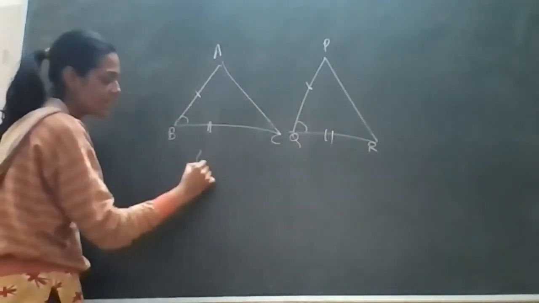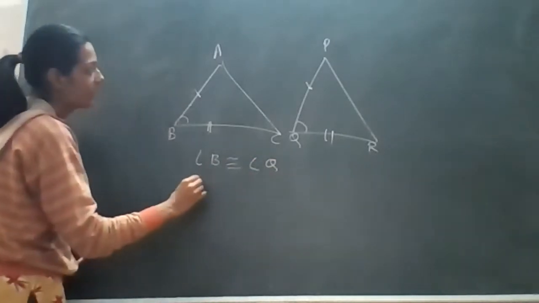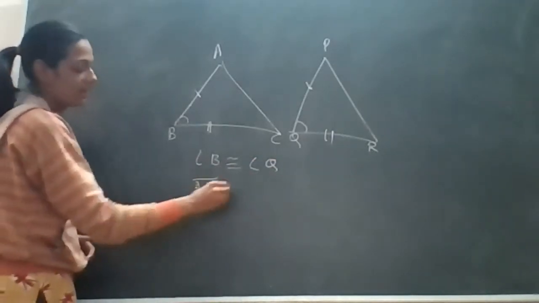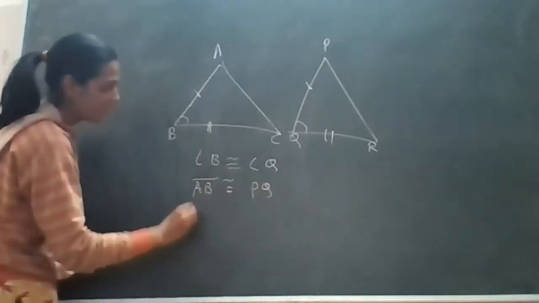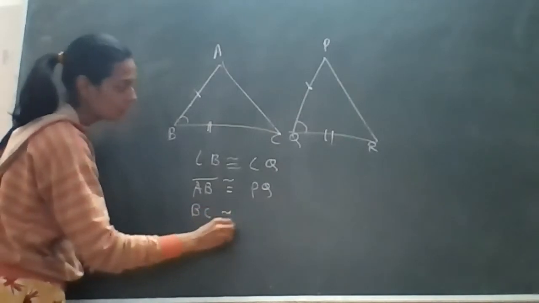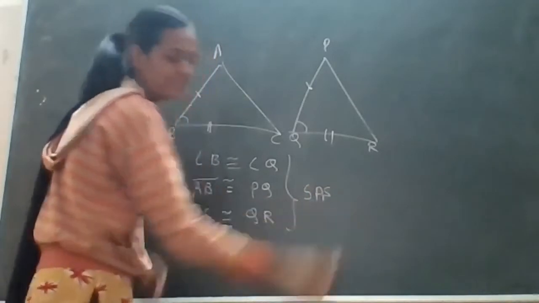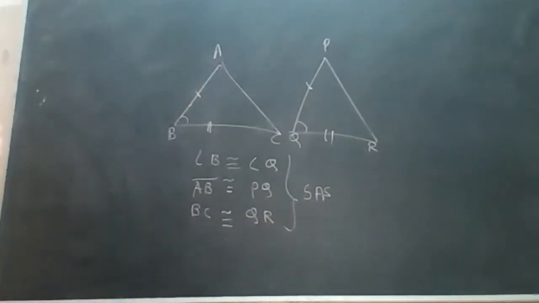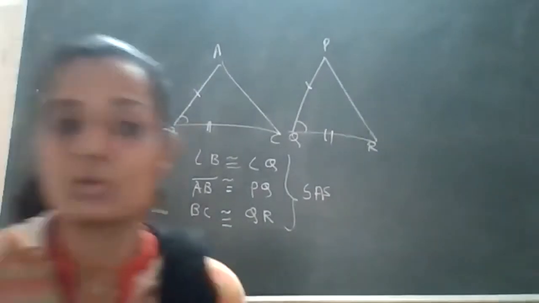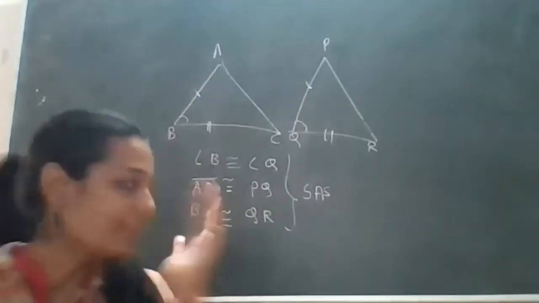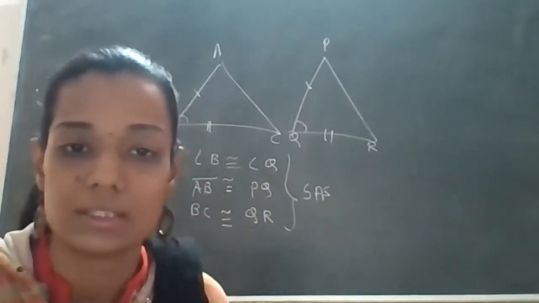So you have to represent that angle B is congruent to angle Q, AB is congruent to PQ, and BC is congruent to QR, and this is the SAS criteria. Like this you first write the definition, then draw the diagram or figure, and then show which things are congruent to each other.